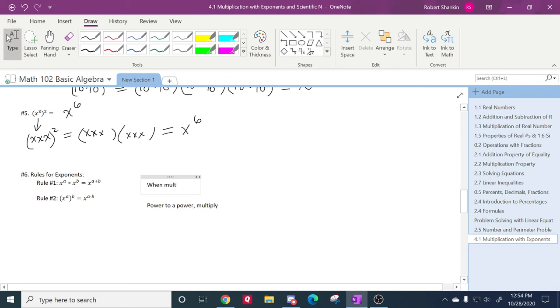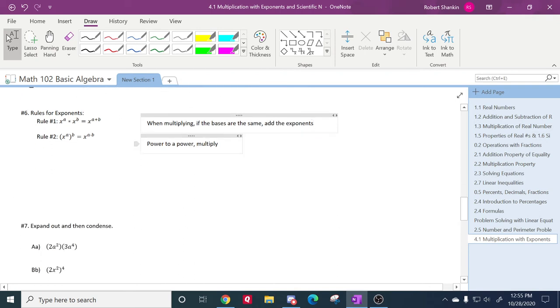When multiplying, if the bases are the same, add the exponents. And then if you're raising one base to 2 different powers, power to a power, multiply the 2 powers together. That allows you to do a bunch of things.